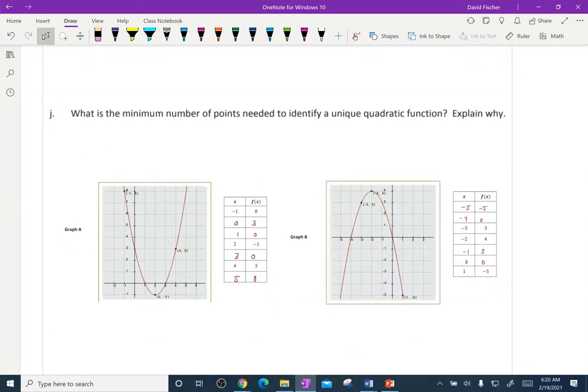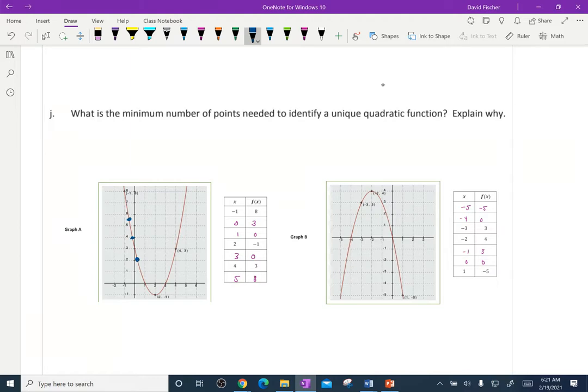What's the minimum number of points you need to identify a unique quadratic function? Explain why. Well, put what you think, and then we'll discuss it. Okay, I would think you need at least 3 points. But the problem with if you only have 3 points, it would look like this, and I still don't know where my vertex is.